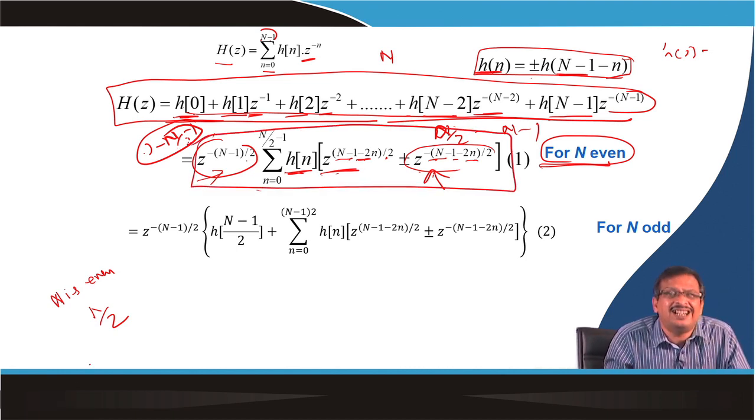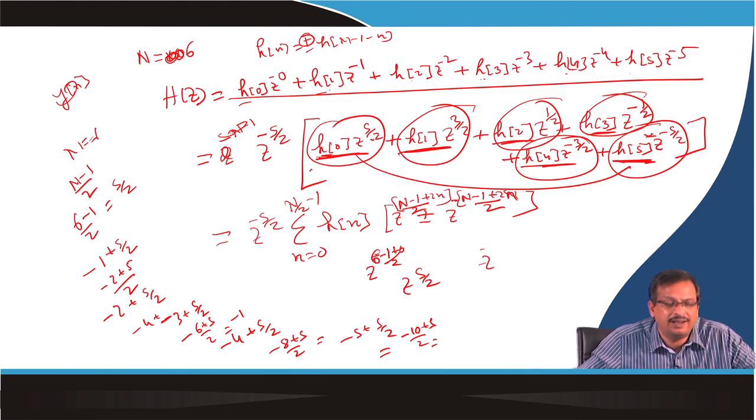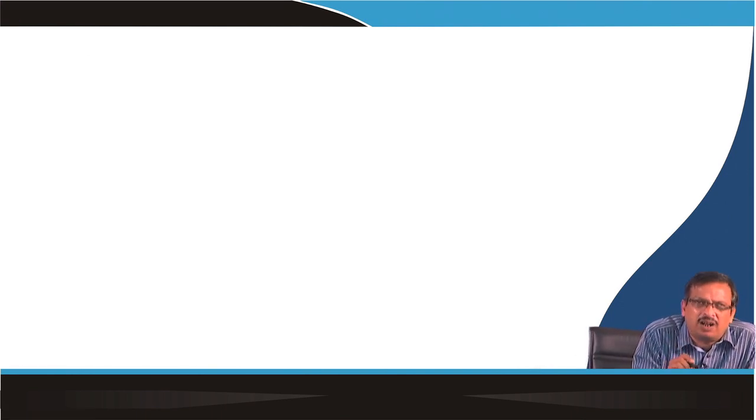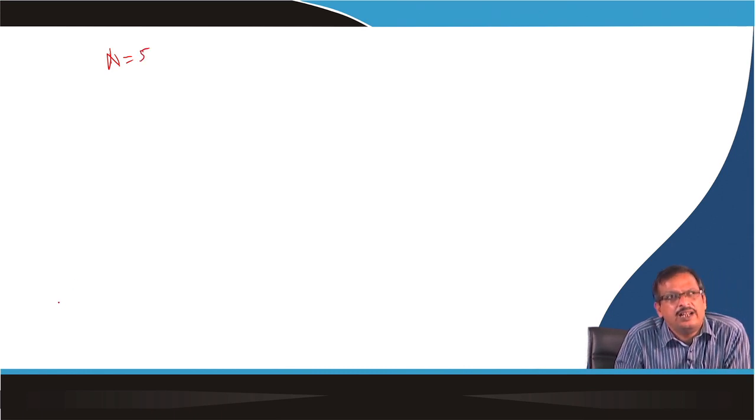Now if the n is odd, what will happen? Let us take it. So now I said n is odd. Let us take a small example, n is equal to 5. N is odd.